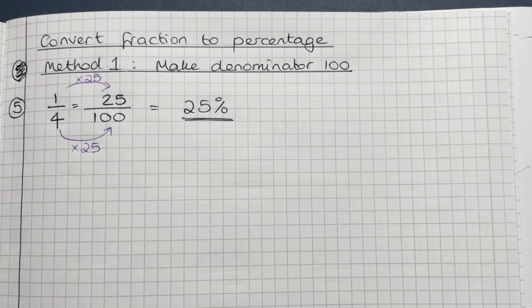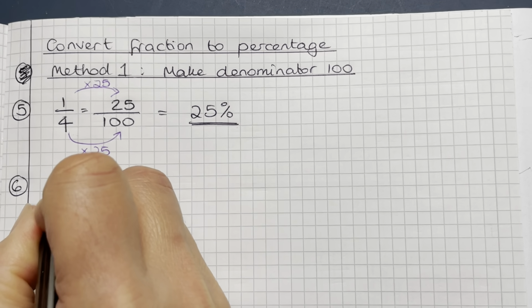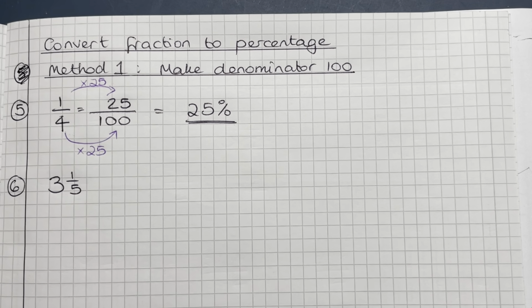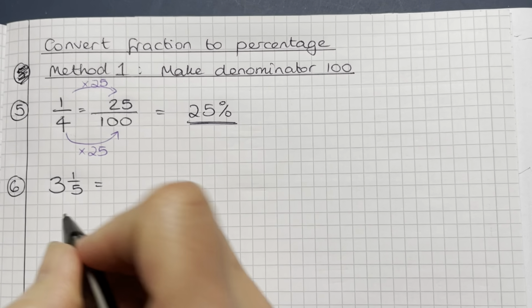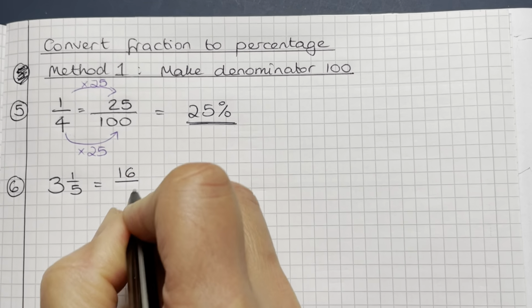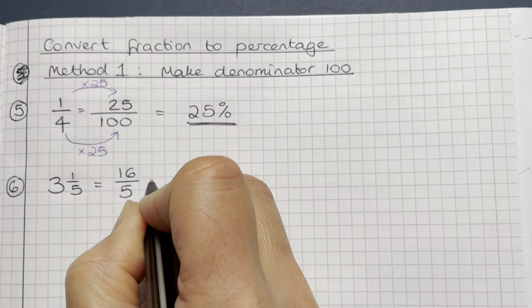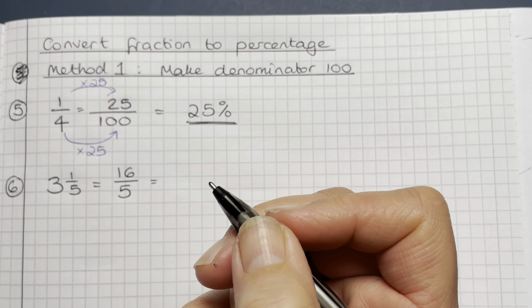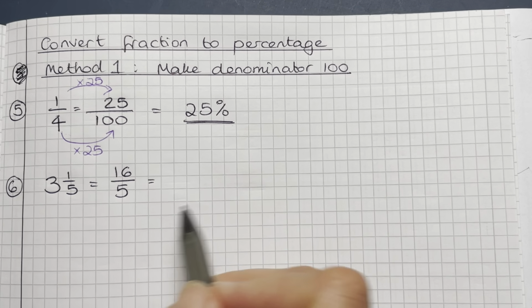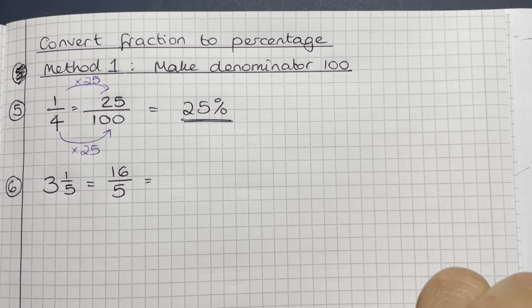I'm going to do a mixed number example. I've got 3 and 1/5. I'm going to turn it into an improper fraction. Now 3 multiplied by 5 is 15 plus 1 gives me 16 over 5. Now I need to use my equivalent fractions. I need to get from 5 to 100. Maybe I could just go straight in there and multiply by 20.